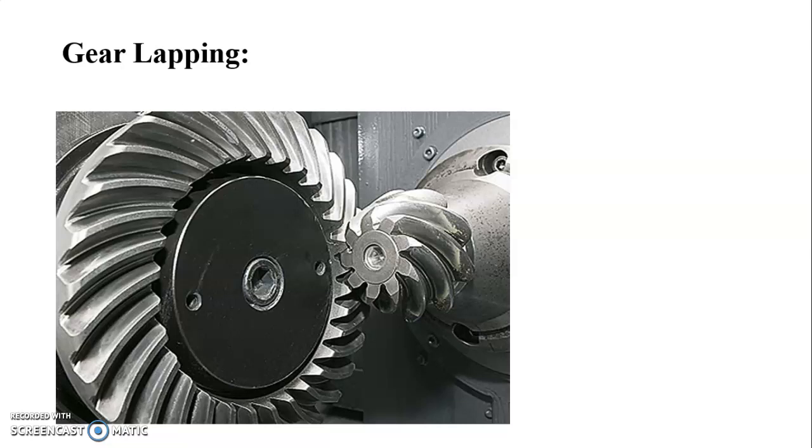Either abrasive paste is introduced between the teeth or fine abrasive powder mixed in oil is made to flow through the teeth during running. A negligible amount of material is removed during this process. Gear lapping helps in improving surface finish.